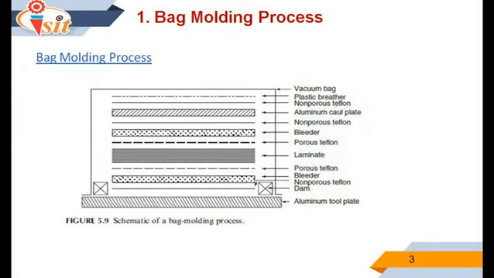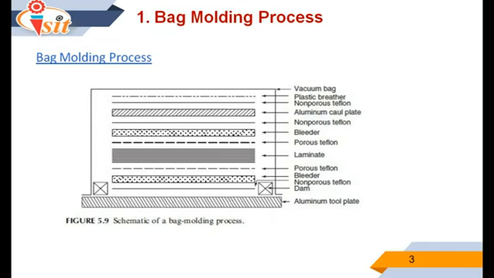This is the sketch layout for the bag molding process. This schematic gives you the idea about it, and we saw the detailed video of how bag molding is used to manufacture composite materials.